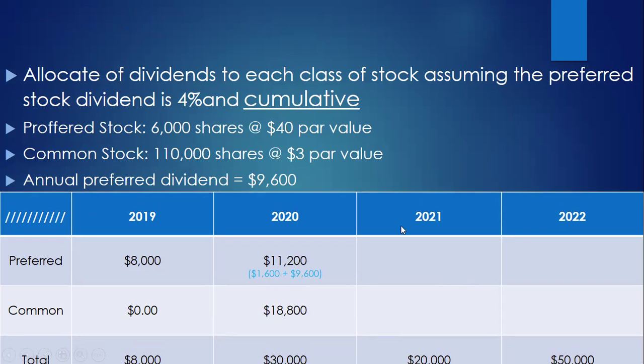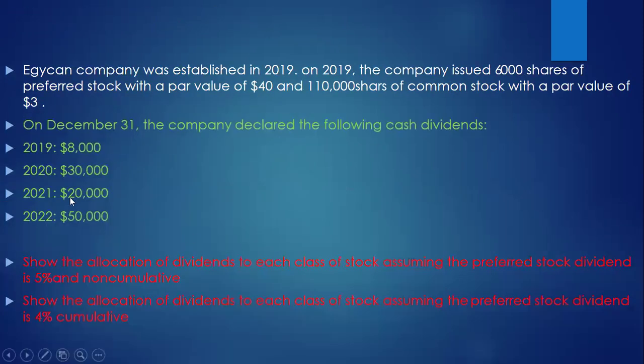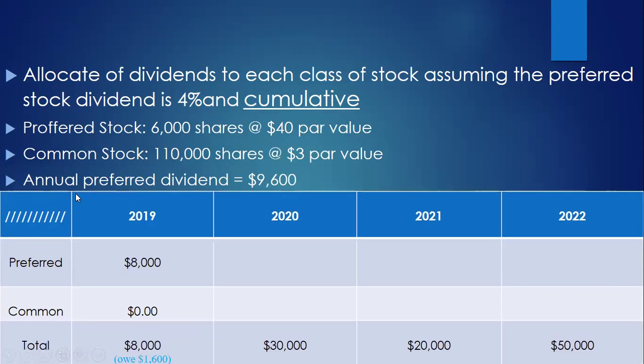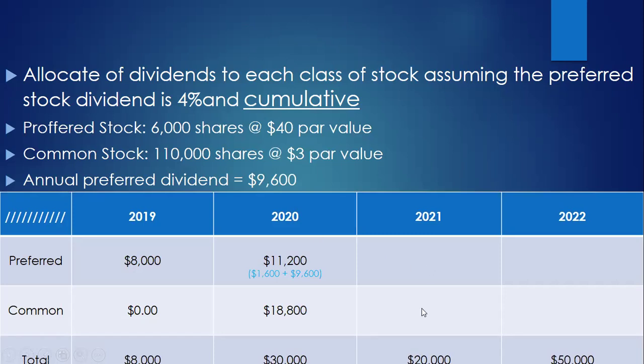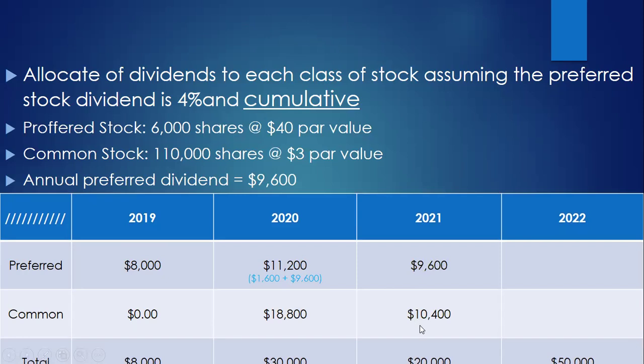So they're going to get the 9,600 annual only because they got paid for the difference for the year 2019. They got it in 2020. The balance here is 0, so they're going to take 9,600 only. So how much will be left? It's going to be 20,000 total, 9,600 here, and the rest goes for common.